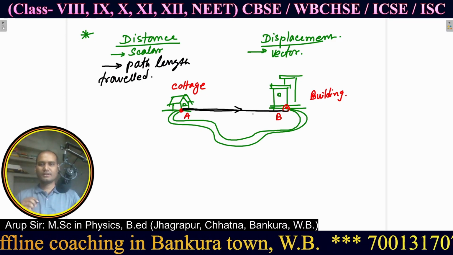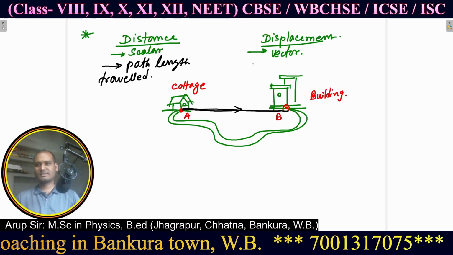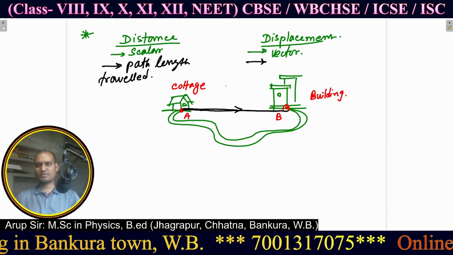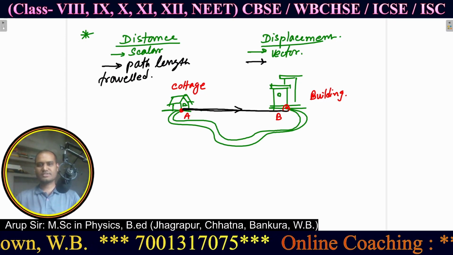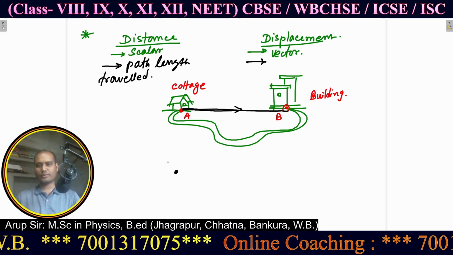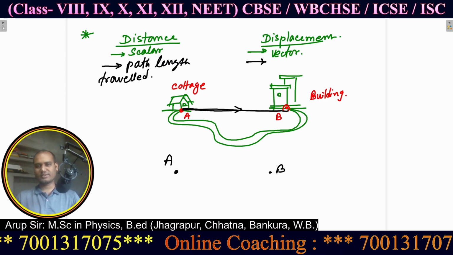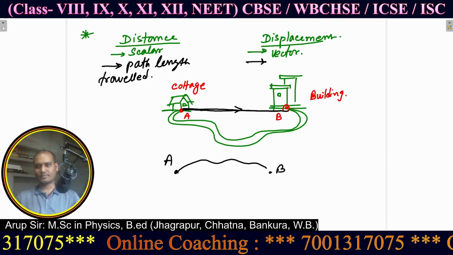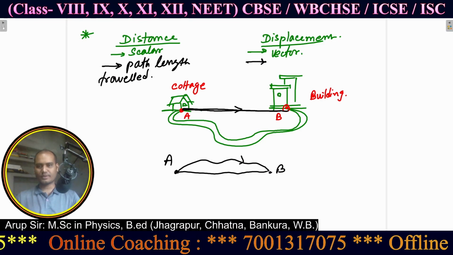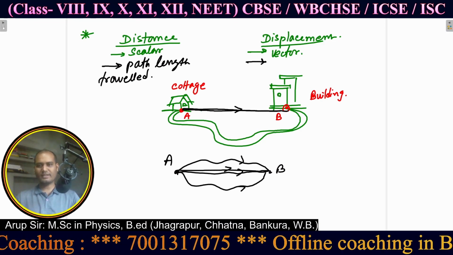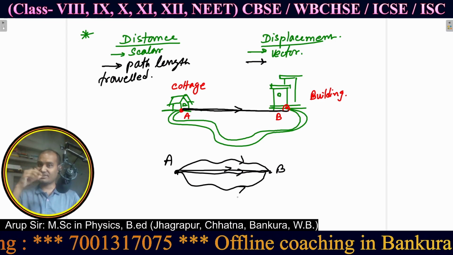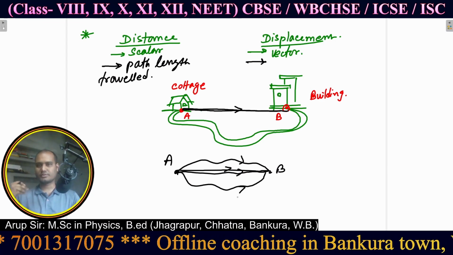Okay, now what is displacement? Where does the concept of displacement come from? Just see, from point A to point B we can reach by several paths, like this path, like this path, like a straight path. By any path we can reach from A to B, it is possible, right?